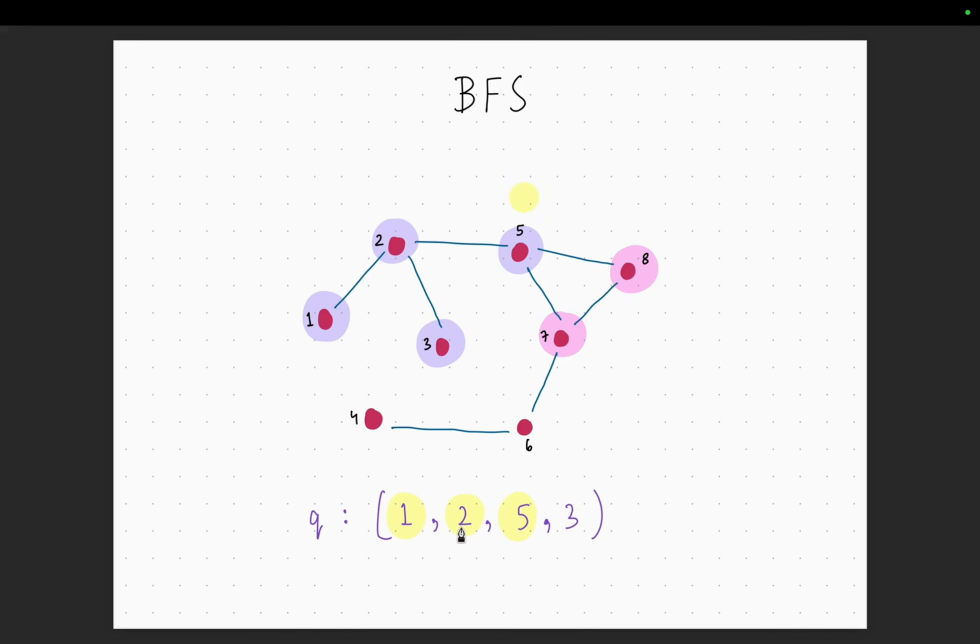Next, the queue is still not empty, so we dequeue 5, which is the first element, and add its neighbors, the unexplored neighbors. So 8 and 7. And again, not empty. So dequeue 3. And from 3 you have nowhere to go because all of its neighbors have already been explored.